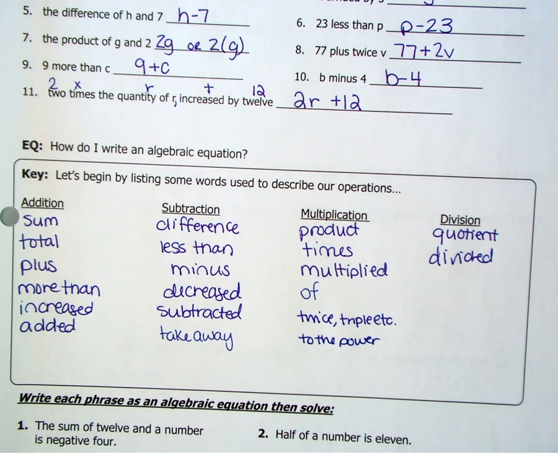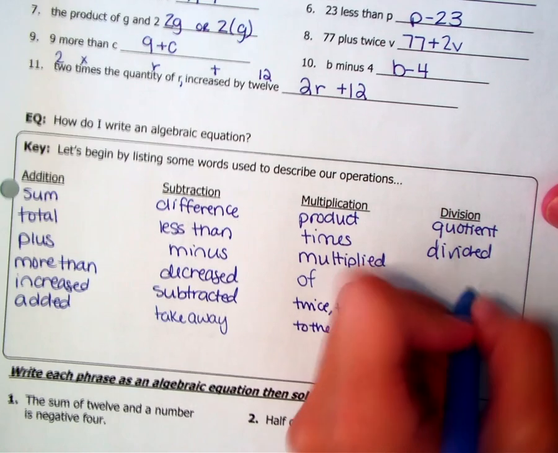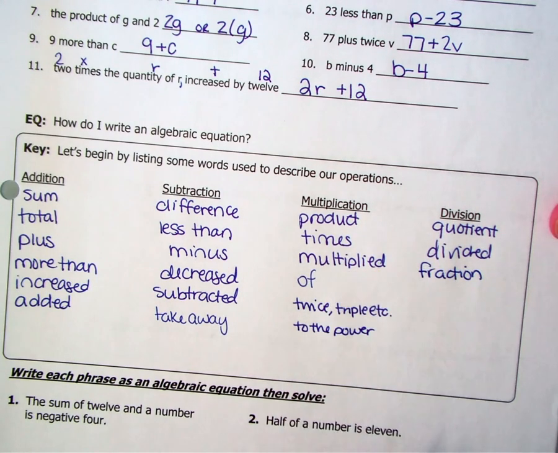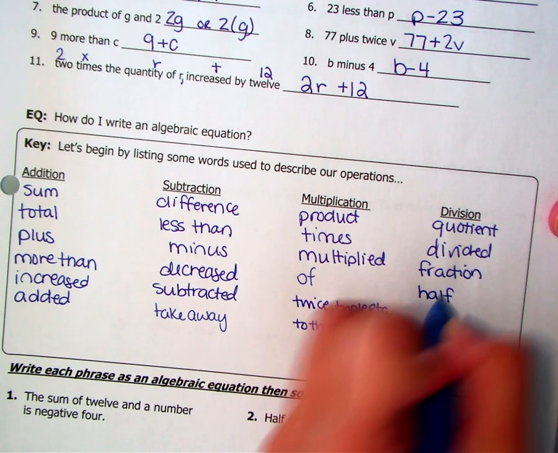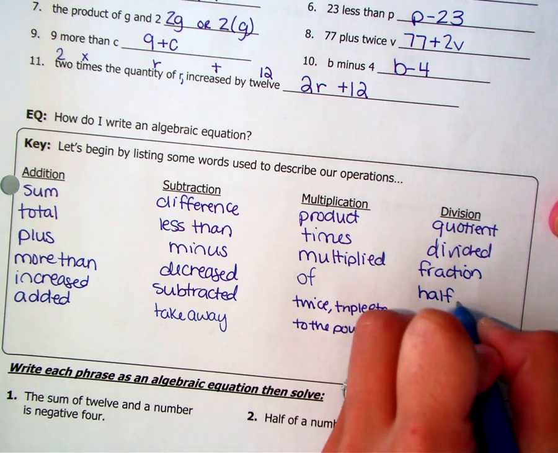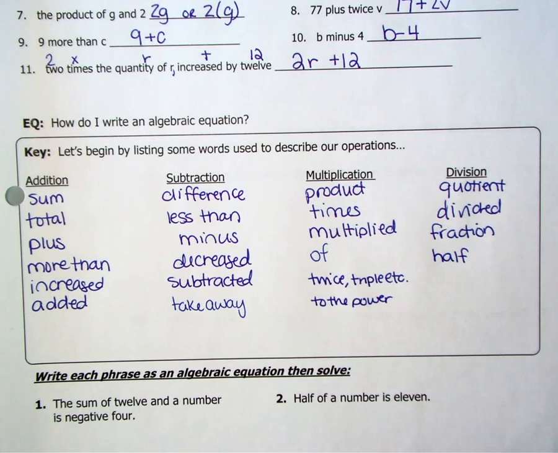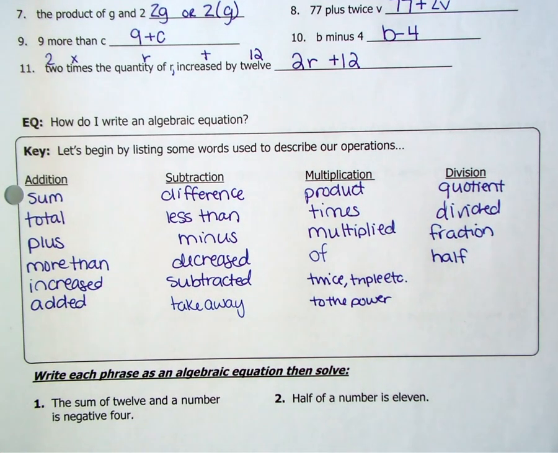All right, what about division? Quotient, divided. Fraction. Also, like, half. Good. As we think of more, we can always add to this list.